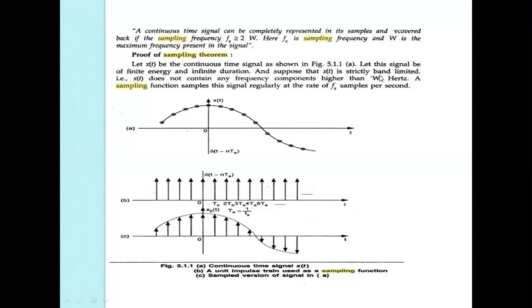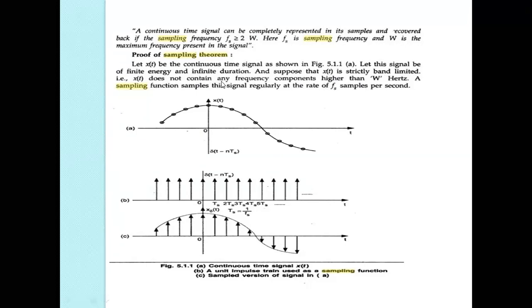And suppose that x of t is strictly band limited, that is, the signal is band limited to omega hertz. x of t does not contain any frequency components higher than omega hertz.